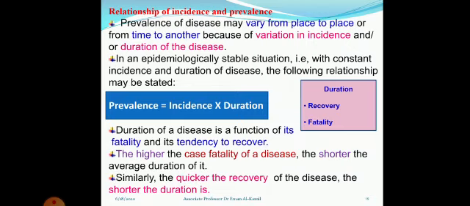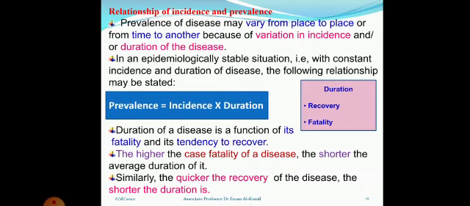There is a relationship between the incidence and the prevalence. The prevalence of a disease may vary from place to place or from time to time because of the variation in the incidence and the duration of the disease. The most important thing is how many cases develop the disease each year. But if an individual has a disease, what are the outcomes?